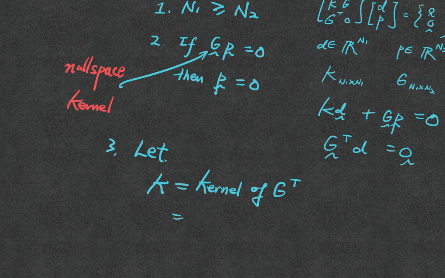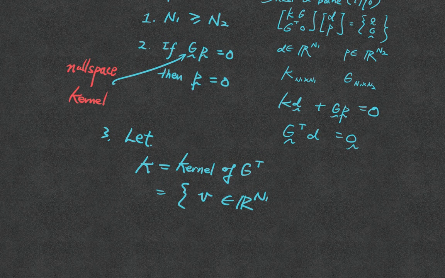It's the following. I want to collect all the vectors that are in the space of dimension n1, okay? n1, not n2. That give me G^T v equal to 0.